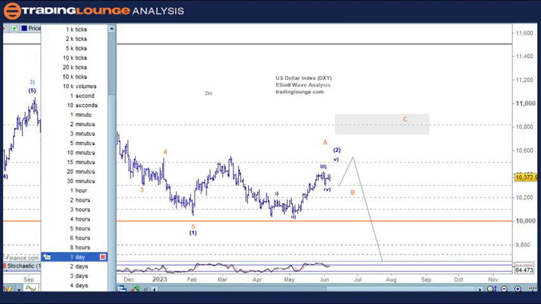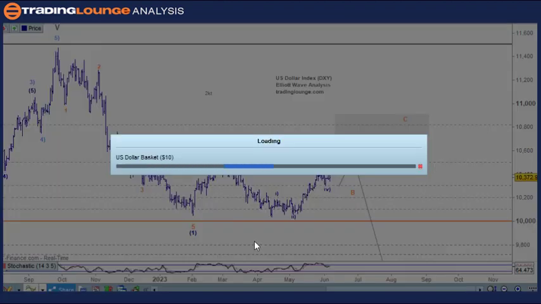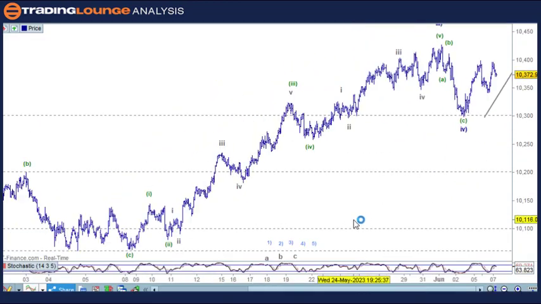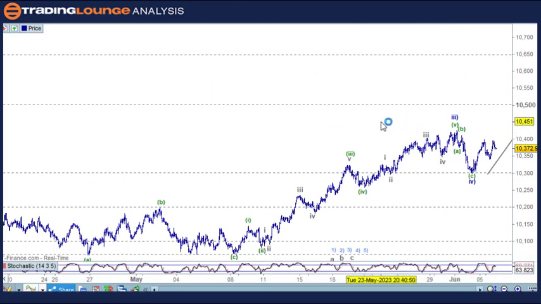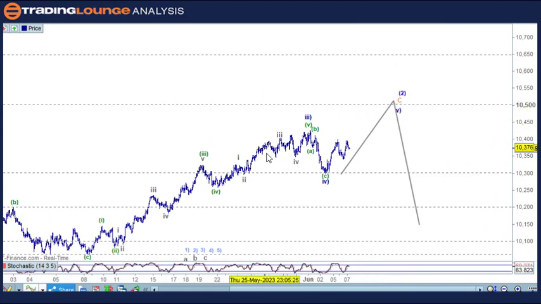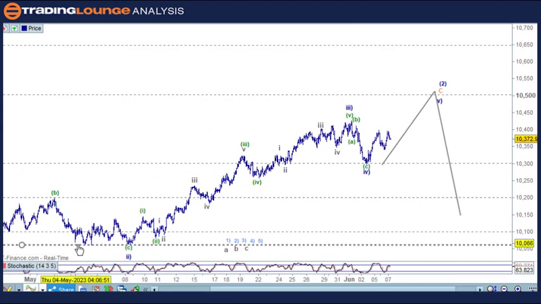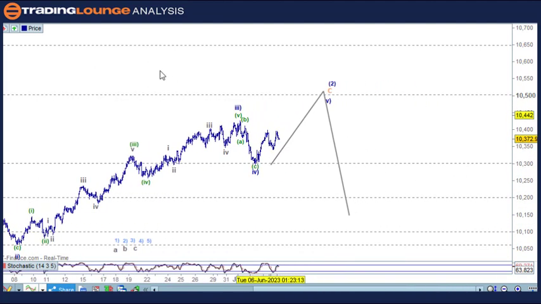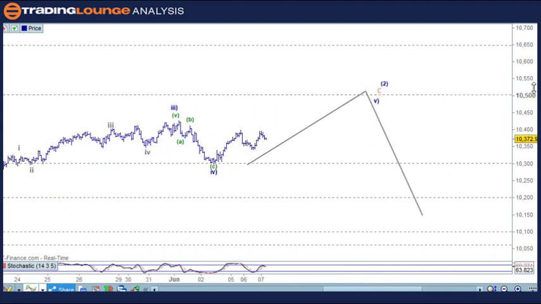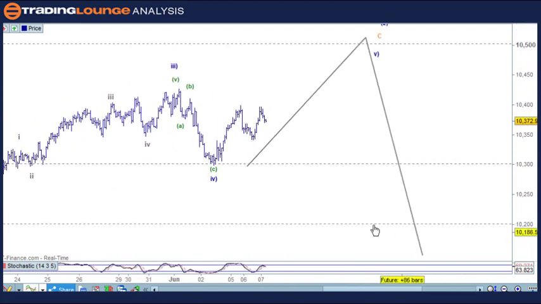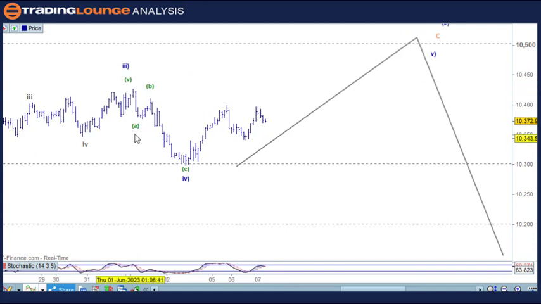But let's go from 1 day to 2,000 ticks here and investigate this situation. We've got wave 1 down here, wave 2 here, and we're looking at 5 waves up for wave 3, so wave 4 and wave 5. We're looking for that top there. As it stands so far, it's possible to look at this as an ABC pattern down into here as wave 4.